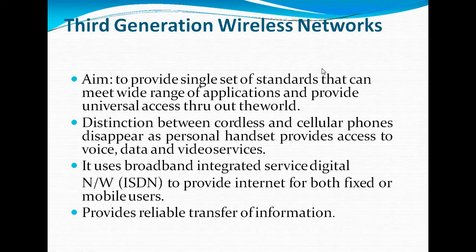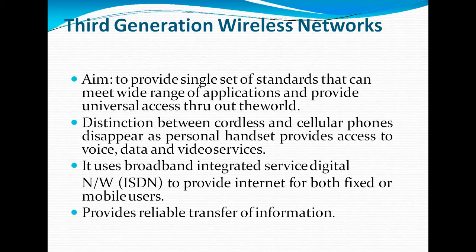In the third generation, the aim is to provide a single set of standards that can meet a wide range of applications and provide universal access throughout the world. So, the distinction between cordless and cellular phone disappears as a personal handset, which is basically used to access voice, data and video services.